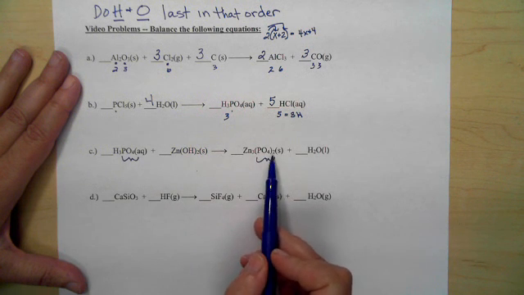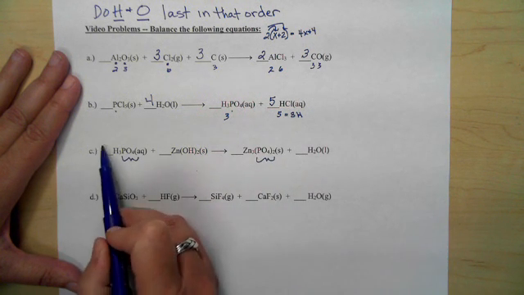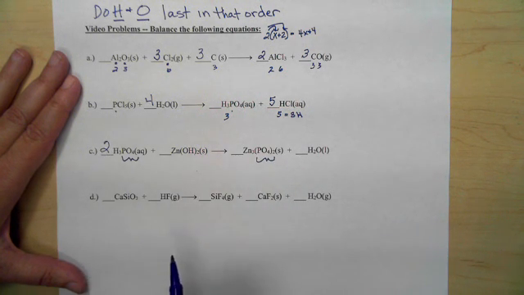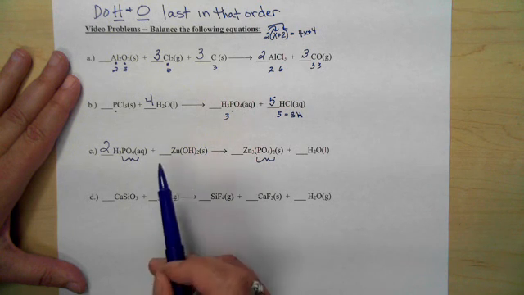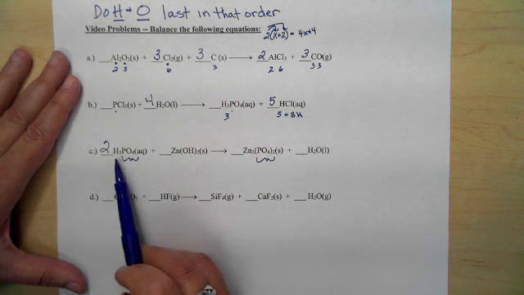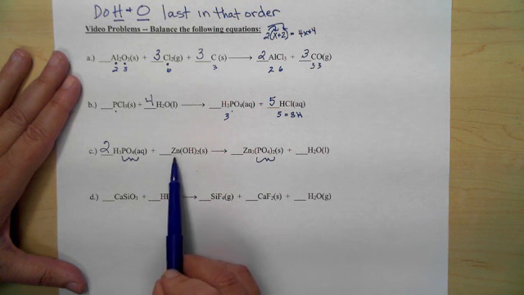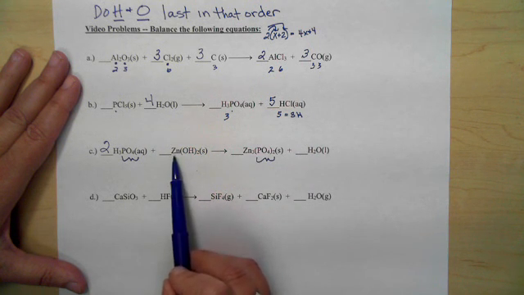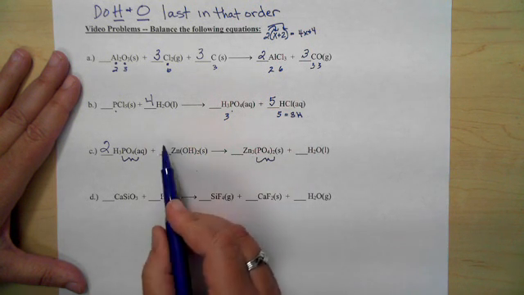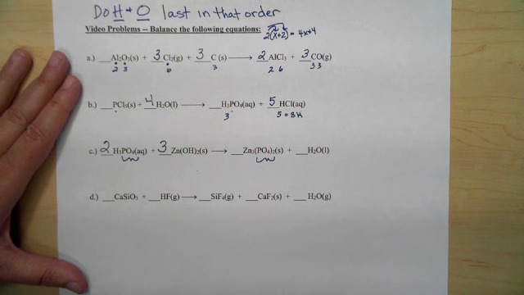What we'll do is see that this has 2 phosphate ions, so I'm going to need a 2 here. Now that takes care of our phosphates. Our zincs: I've got 1 zinc on the reactant side and 3 zincs on the product side, so I'm going to need 3 there.